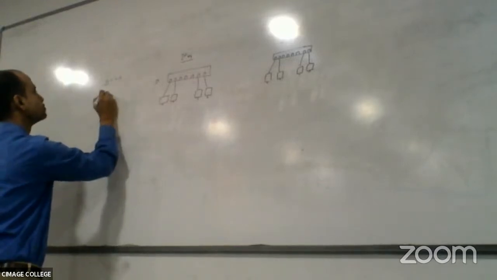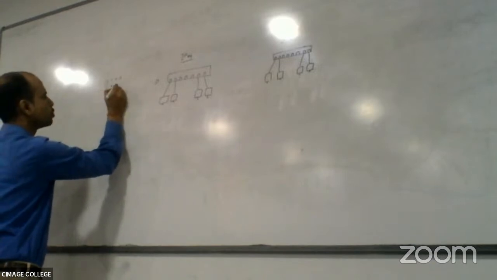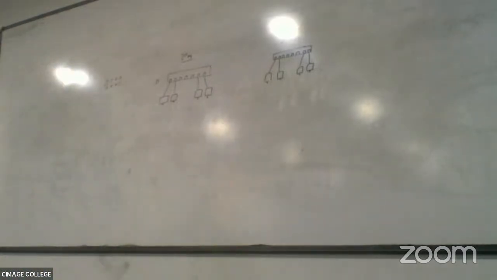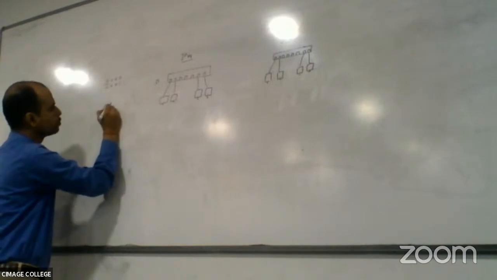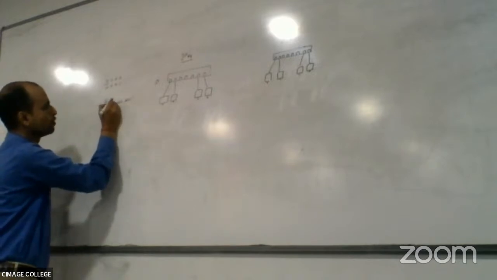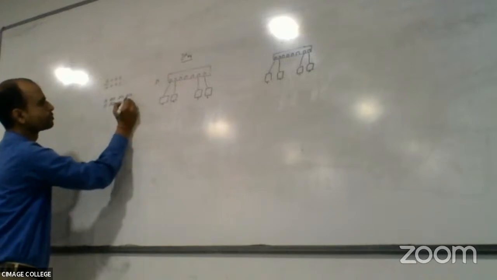Then the first value will be 10.0.0.0 and the next 10.0.0.1. Then 2, 3, 4, 5, 6 up to 255. Then 10.0.1.1, 10.0.1.2, up to 255. In this way, we can reach 10.255.255.255. And the second last value will be 10.255.255.254.